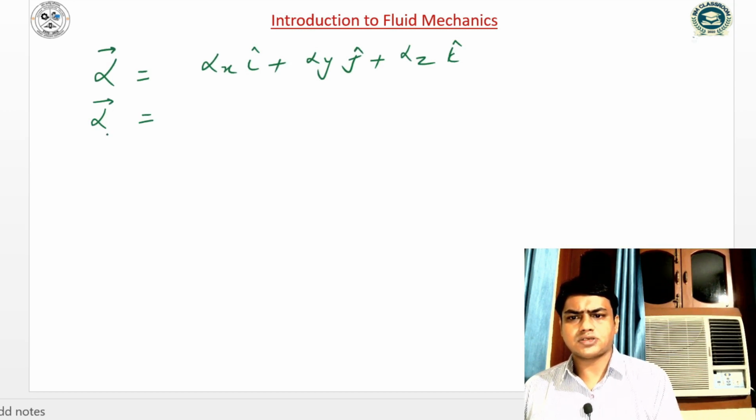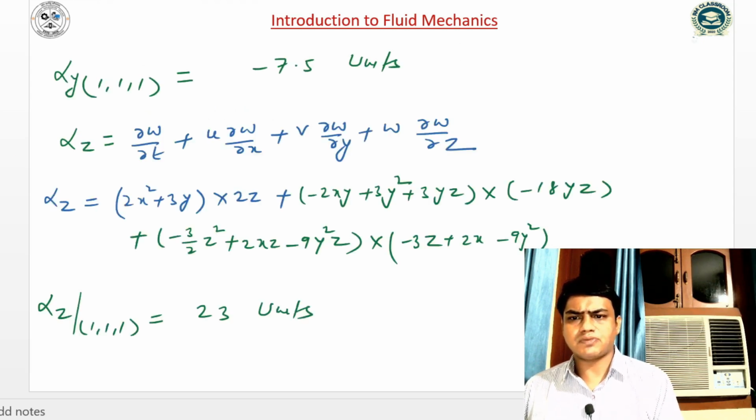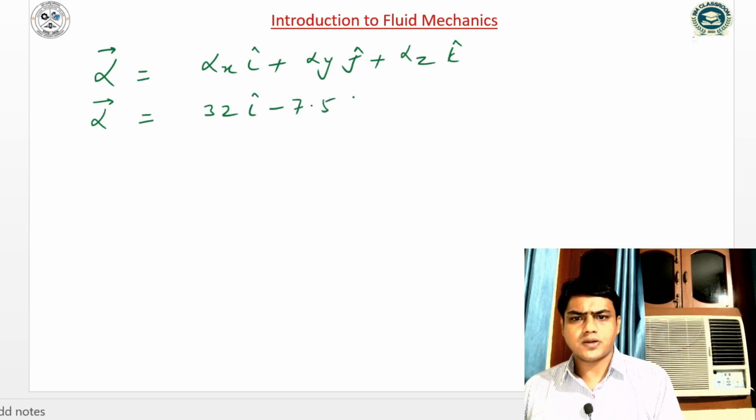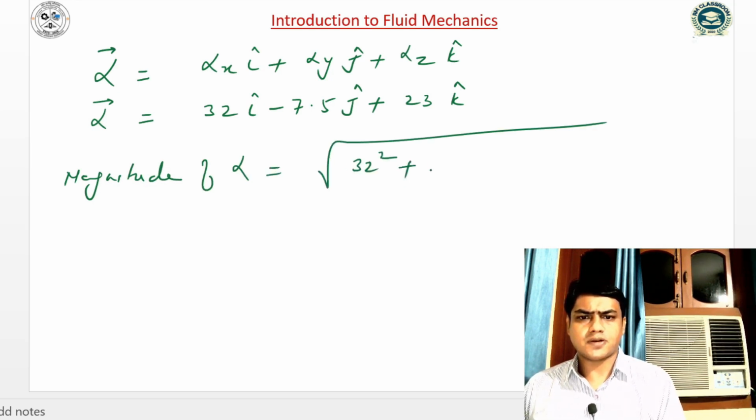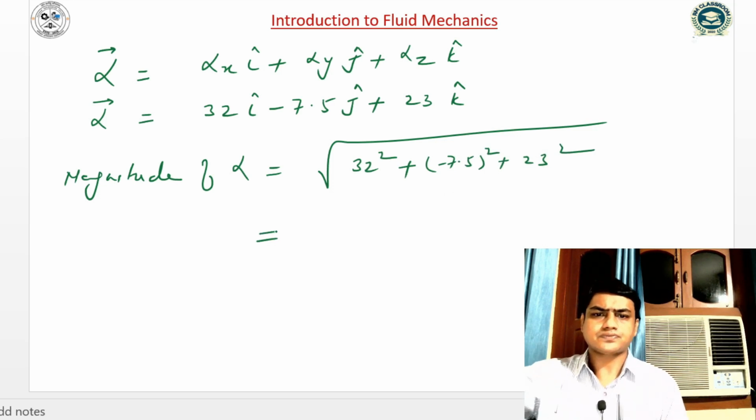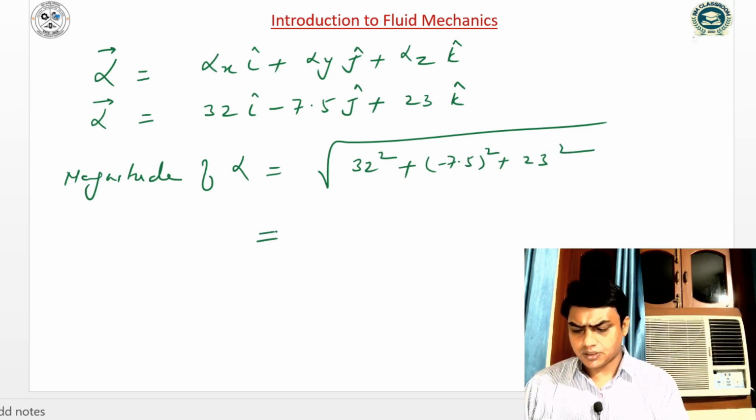Alpha x is 32i, alpha y is minus 7.5 j, plus 23k. So the magnitude of alpha is equal to the square root of 32 square plus 7.5 square plus 23 square, which is coming 40.115 units.